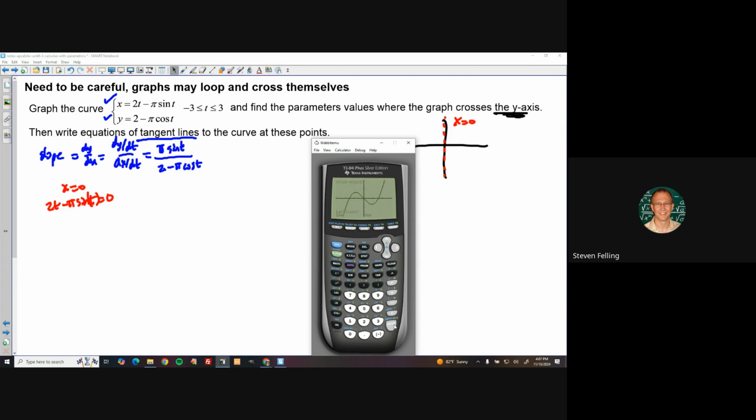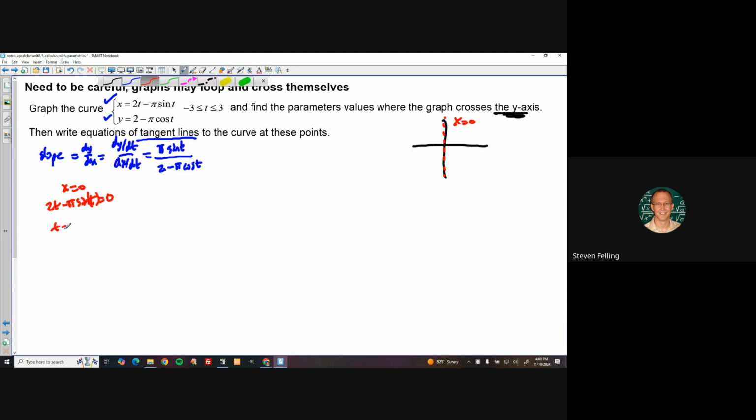Let's see, this one in the middle seems to be 0, so let's find this one over here. It's somewhere between there, and it appears to be here. So that is at -1.57, which I believe is -pi/2.